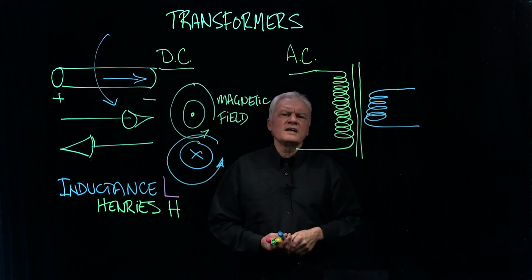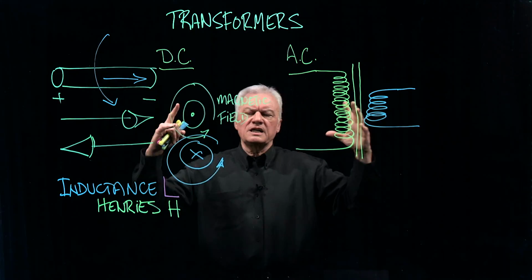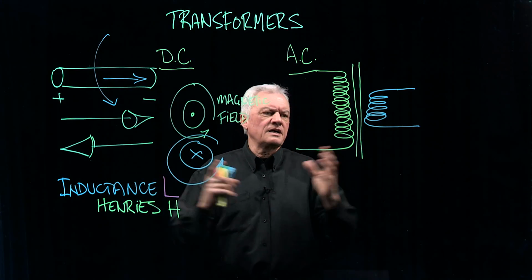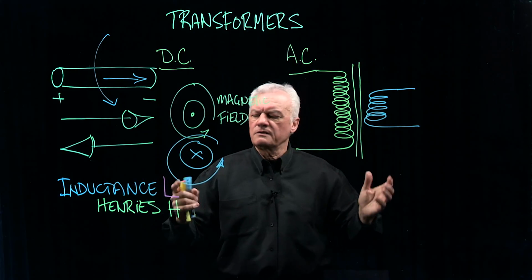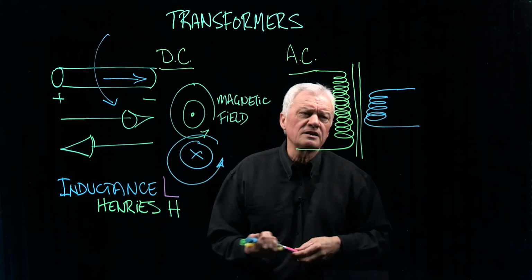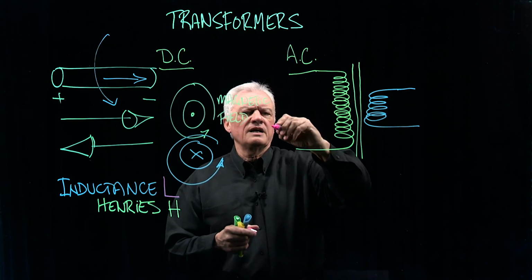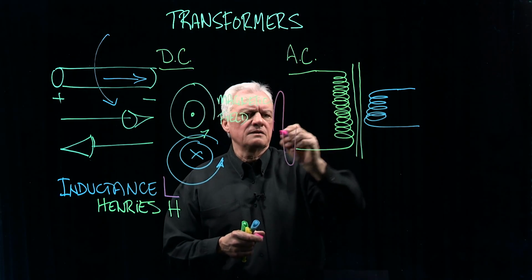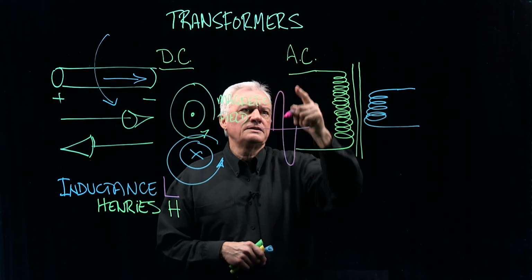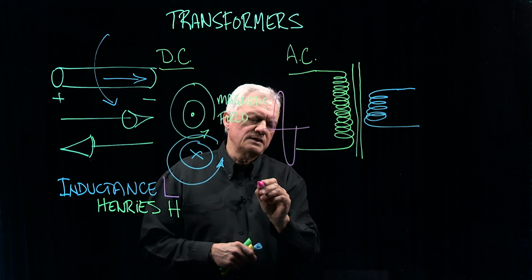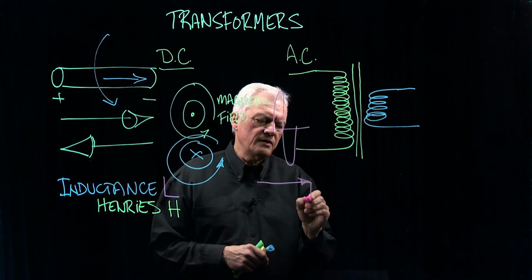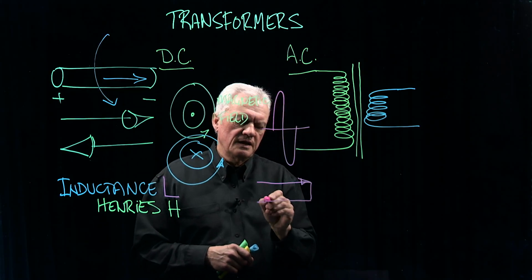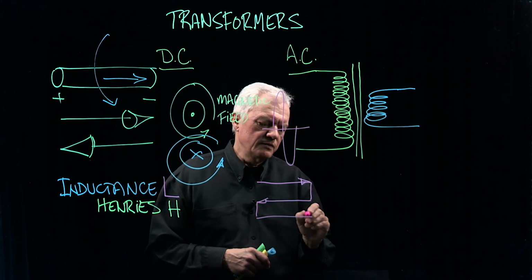Now, it's one thing to set up the field and it stays there, but I need to cut the other side of these turns with my magnetic field, which means what I'm required to put in here is an alternating signal, an AC signal. It's like we're going to take our charge and move it, then slow down, reverse direction, slow down, and move it again.